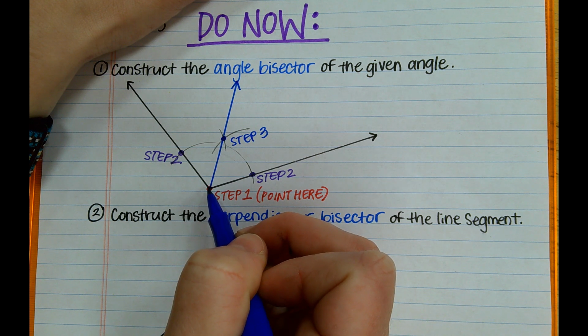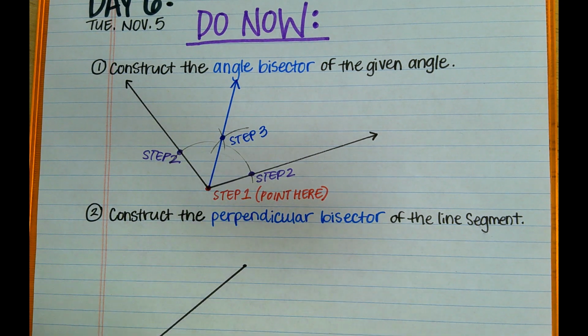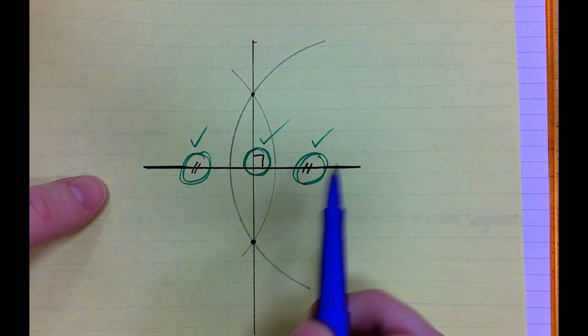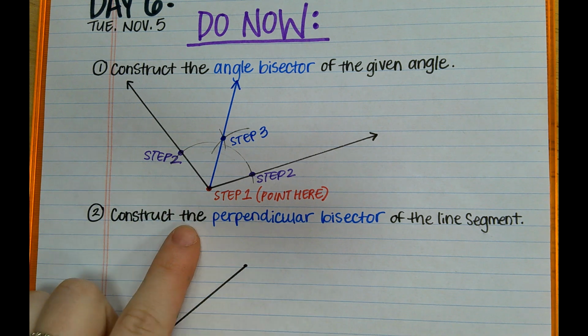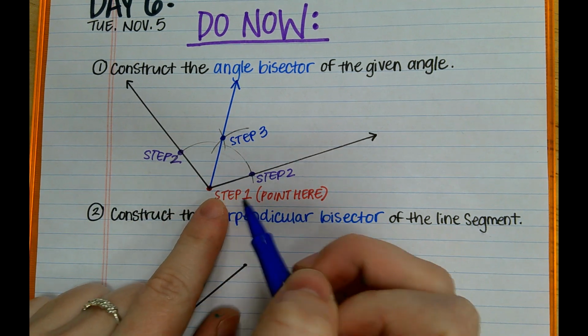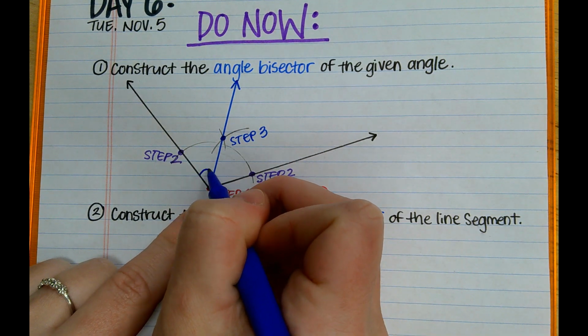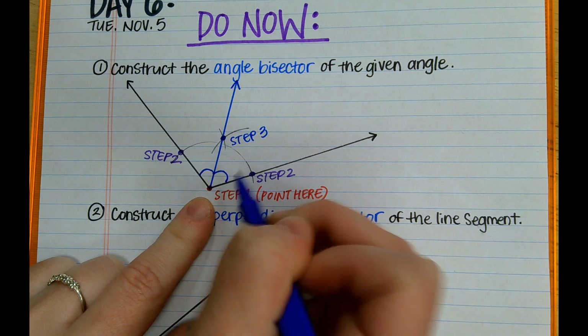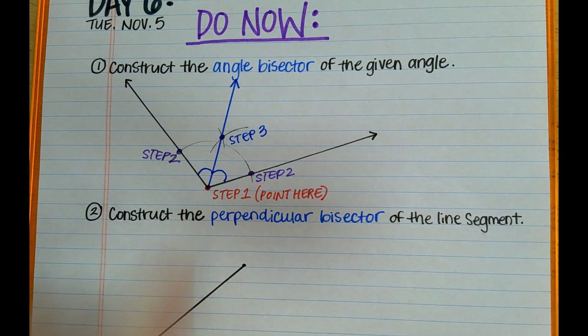To show that line segments are the same length, remember we do little dashes. But how do we show that angles are the same measure, the same degrees? Yes, an arc. We want to draw little arcs in here, and this tells us that these angles have the same measure of degrees.